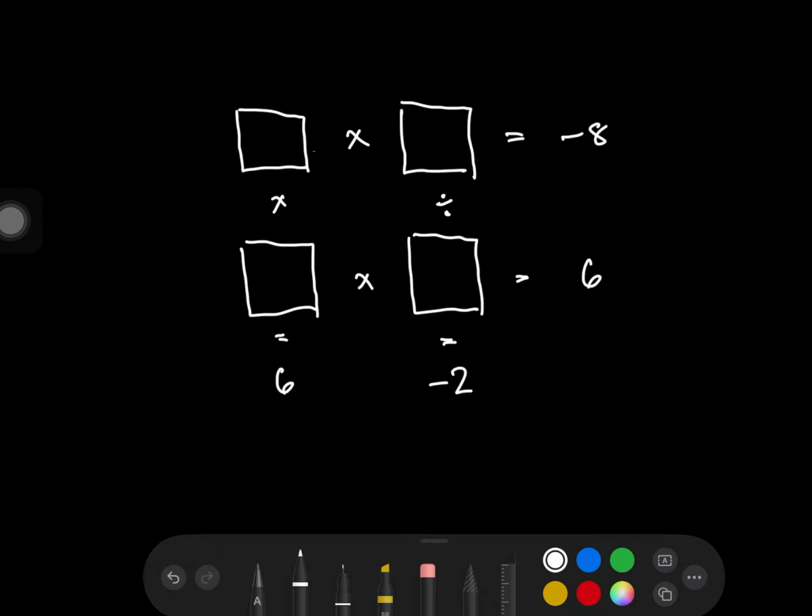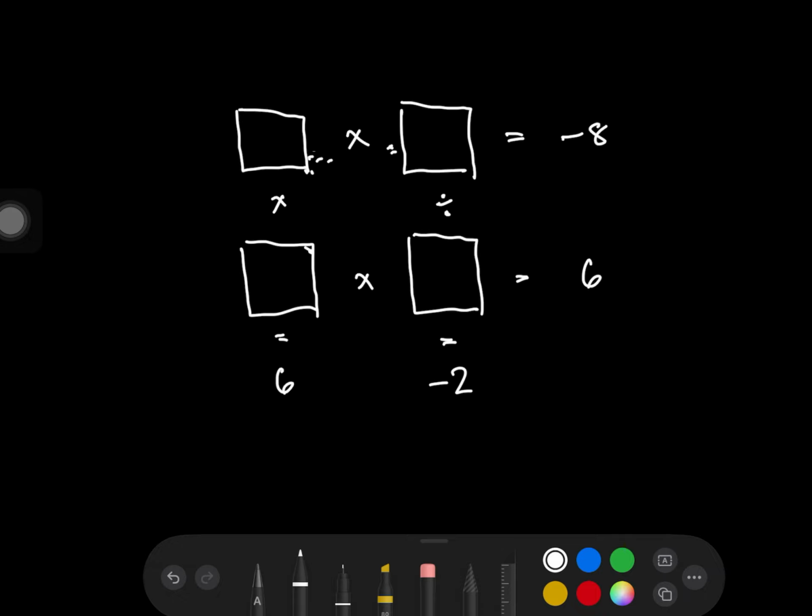So what is the instruction? Below this problem are two puzzles. Copy each puzzle and write numbers in the 4 boxes to make all of the calculations correct. That means when you multiply these two numbers, your answer is 6. When you multiply these two numbers, your answer is negative 8.